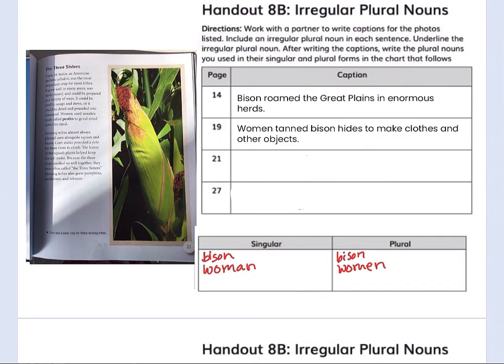Well, it looks like corn, right? Let's see what the caption is. Corn was a basic crop for plains farming tribes. Our plural there is tribes. I'll write it on the right side, tribes. Many tribes, one tribe. Again, pause the video if you need more time to write that caption for page 21.